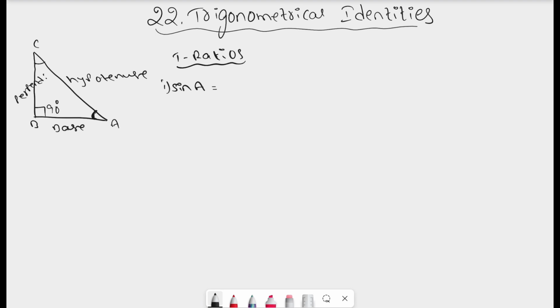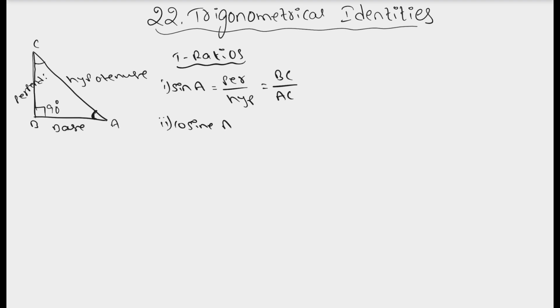The value of sine A is the side perpendicular by the longest side hypotenuse. Perpendicular by hypotenuse, which can be written as BC by AC. This is our first ratio. The second one is cosine, also called cos, and its value is base by hypotenuse, where the base side is AB and the hypotenuse is AC.